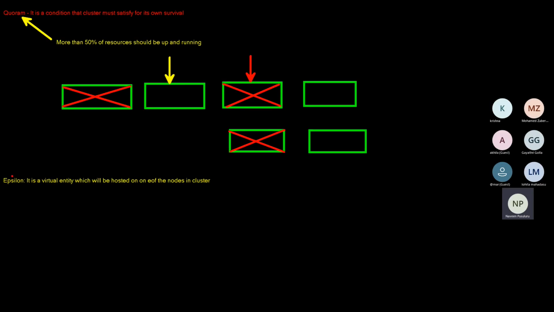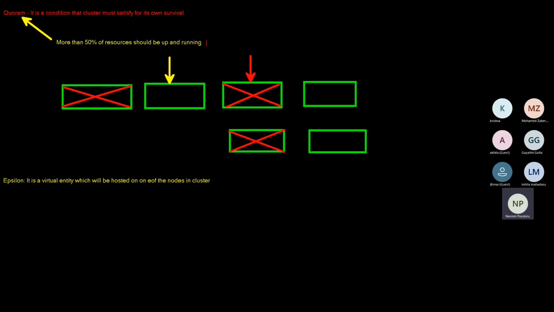Actually this is not an actual node, but they have introduced this, which will come into the picture in scenarios where 50% of my resources are up and running and 50% of resources went down. Then epsilon will play a crucial role. We'll call this simple majority.